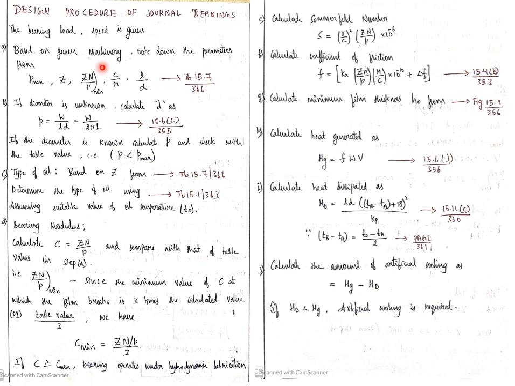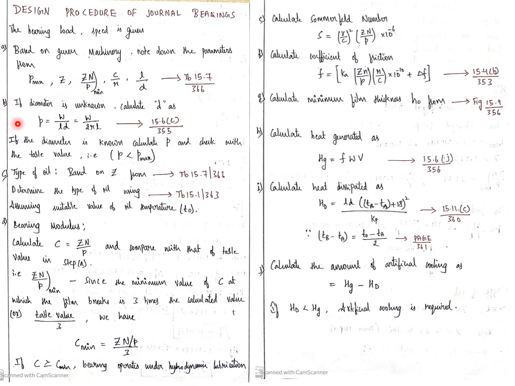Based on the given machinery, note down the parameters. For example, if the type of material is given, you have to go to page number 366 of the data handbook, that is table 15.7. There you have to note down the maximum pressure, viscosity, Zn by P value, C by R and L by D. These are the parameters that you have to note down for solving the problem.